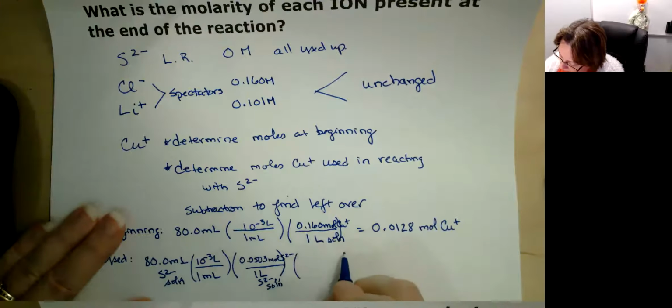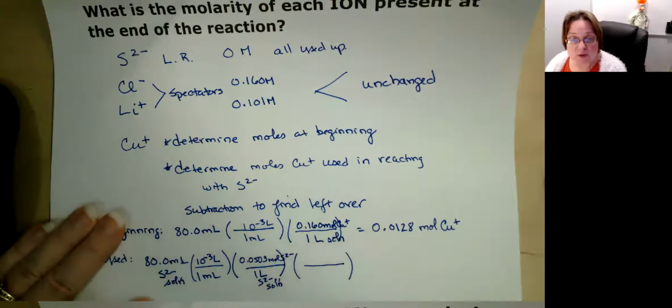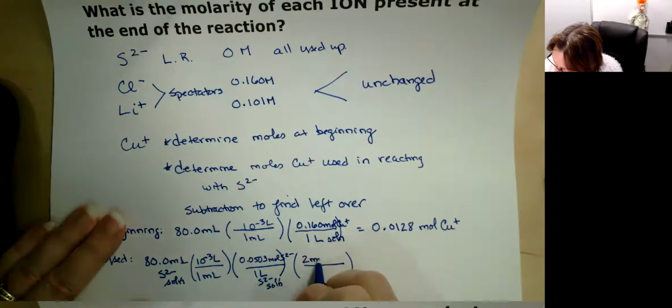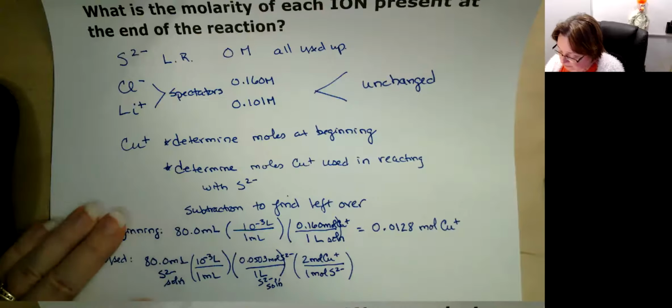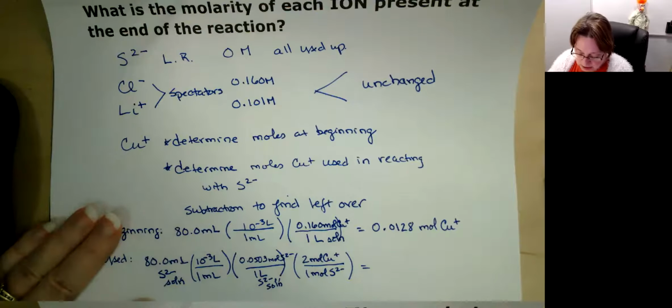Remember, our goal was to figure out what's going on with the copper. How did the copper combine with it? In what proportion? So we look back at our reaction and we look for what that proportion is. And there were 2 moles of copper ion for every 1 mole of sulfide ion. And this will tell us the moles of copper that were actually combined or changed or used up in our reaction.